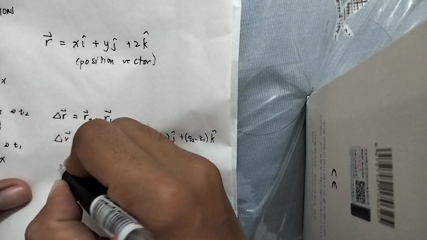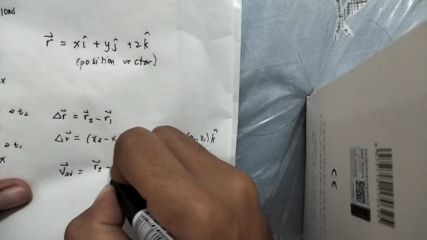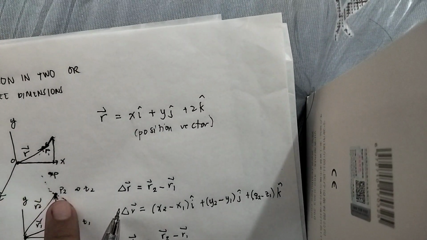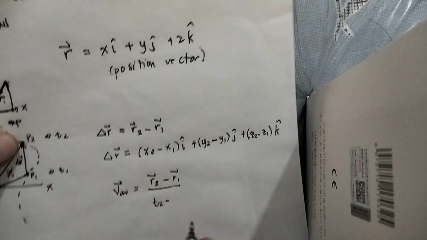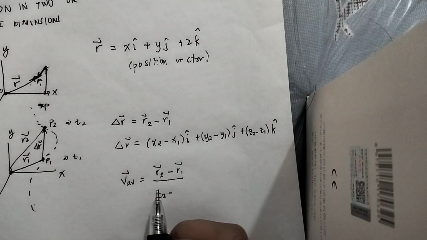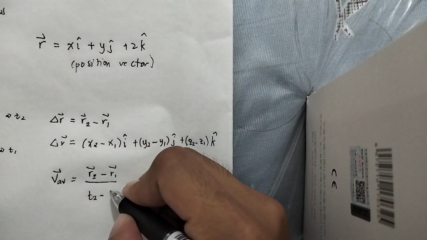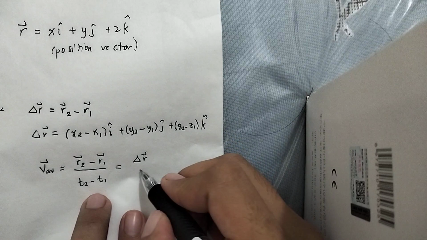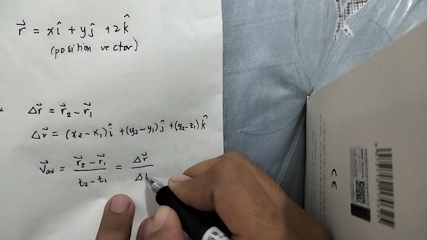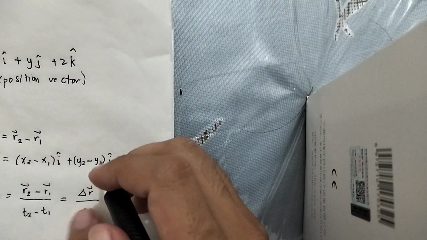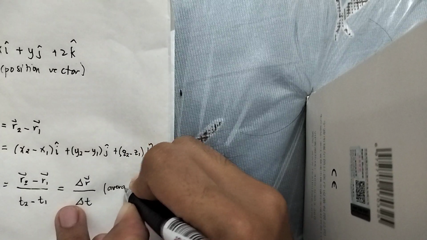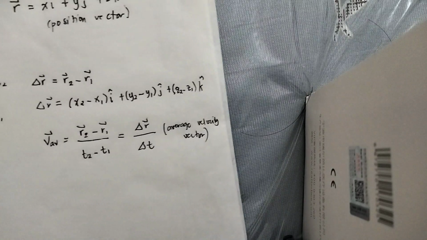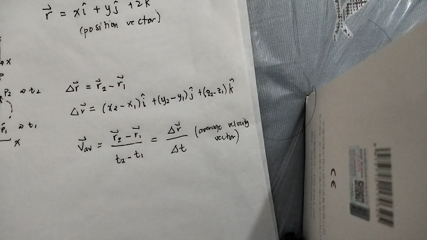So we have R2 minus R1 divided by T2 minus T1, where T2 is the time it takes the particle to reach this position and T1 is the time at the initial position. This is your change in position, or displacement, over the change in time. This is the average velocity vector.